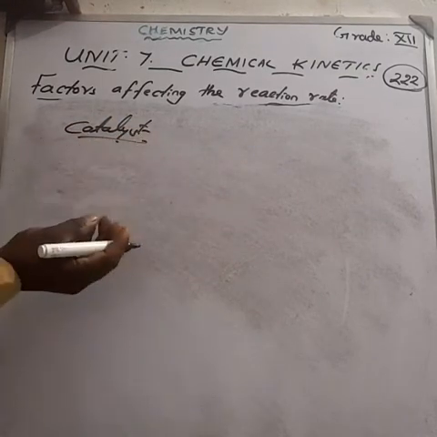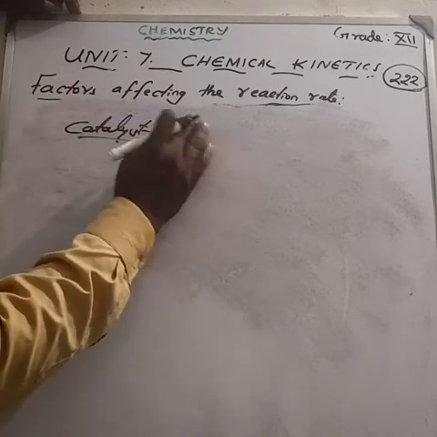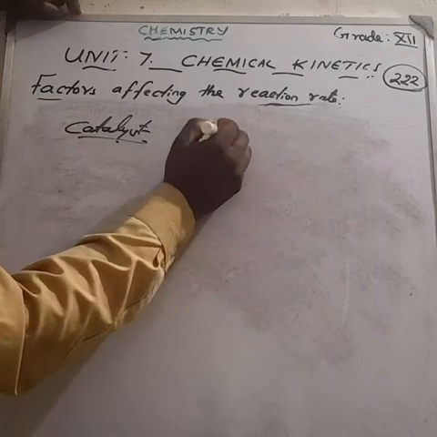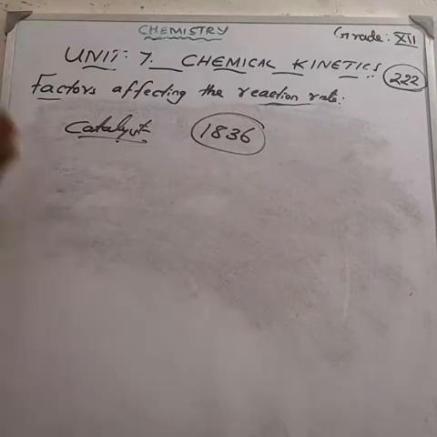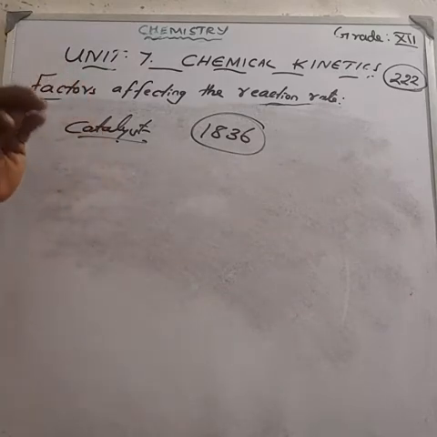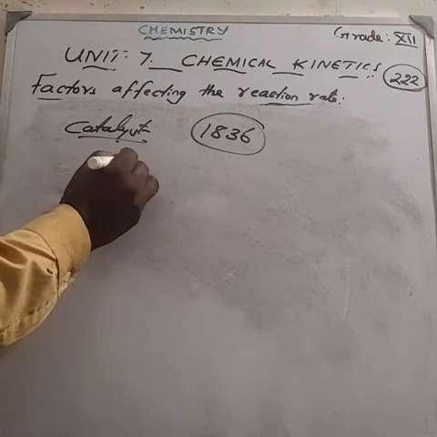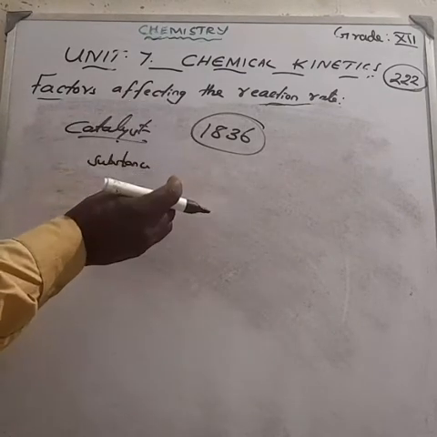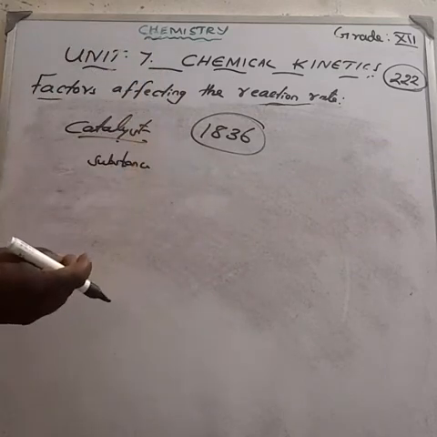The catalyst was explained by Berzelius in 1836. He explained catalysis. He identified that some substances loosen the bond in the reacting molecules and increase the rate of the reaction.